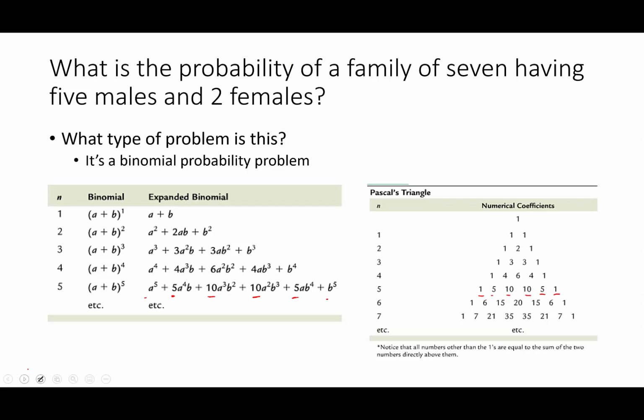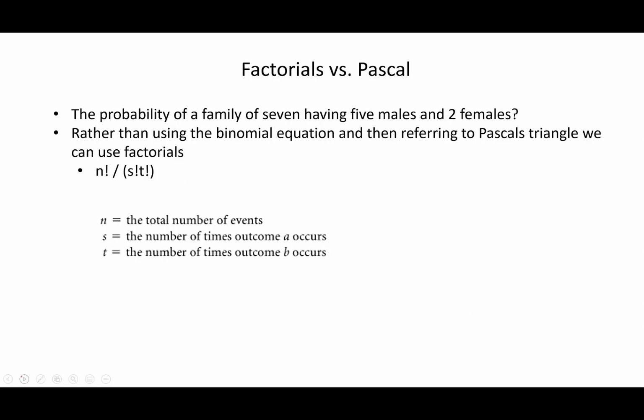Now, you may say, how? Well, let's look at this. We're going to need to use factorials and Pascal's triangle. So, the probability of a family of 7 having 5 males and 2 females. We could solve this just by using Pascal's triangle and looking at it to the 7th power and looking at what those coefficients are.